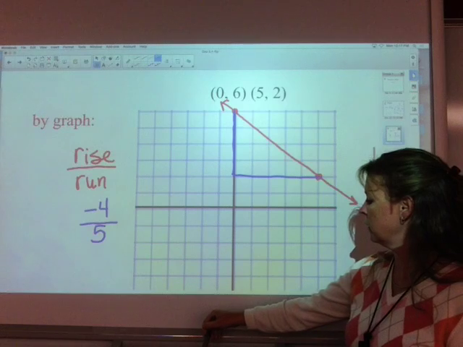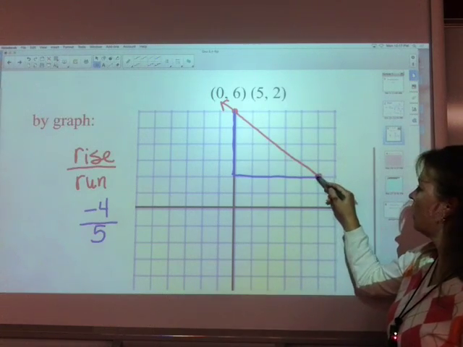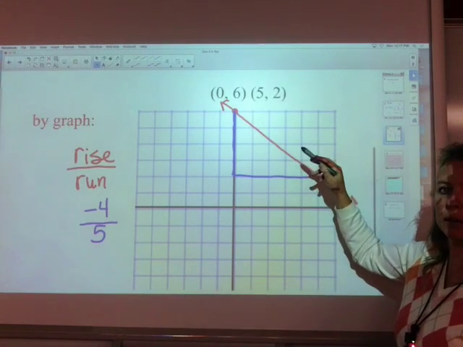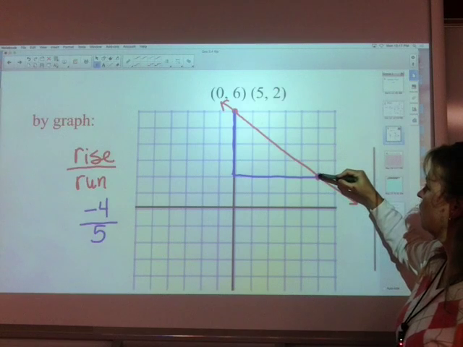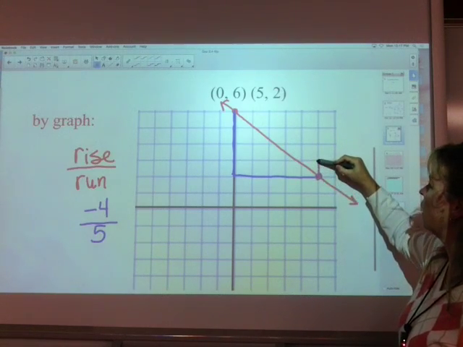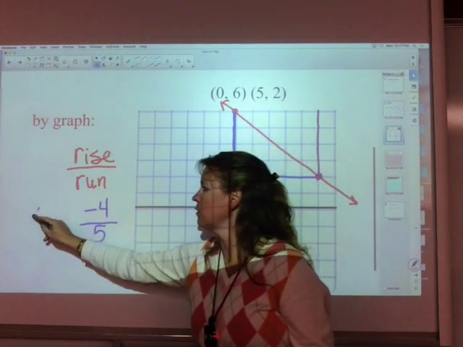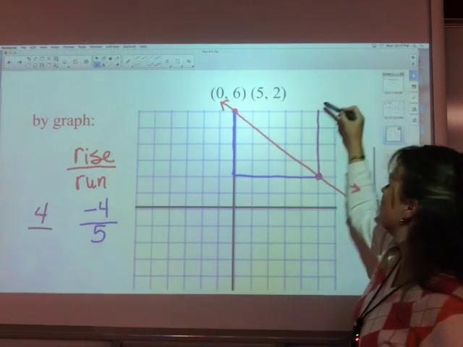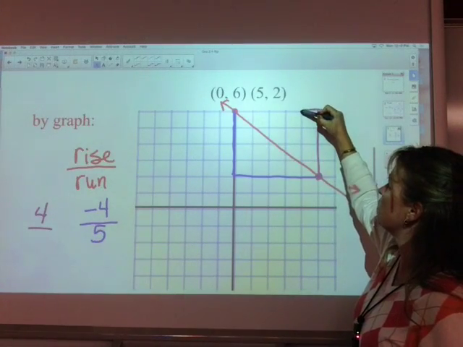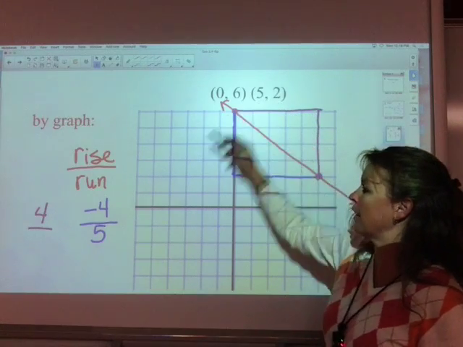Now, what if you were standing here and you wanted to count from this point to that point, you could still find the same slope. If you counted rise 1, 2, 3, 4, you would rise 4, but you would now run left 1, 2, 3, 4, 5.